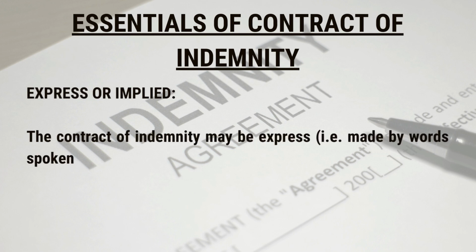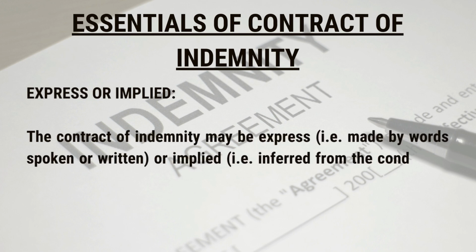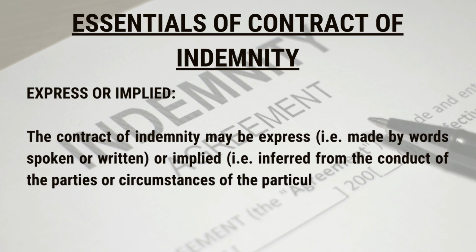The contract of indemnity may be expressed through written words, through spoken words, or it may be by custom. Implied means inferred from the conduct of the parties, circumstances, or customary usage of the particular case. Whether implied or expressed, loss protection is the main feature of a contract of indemnity.